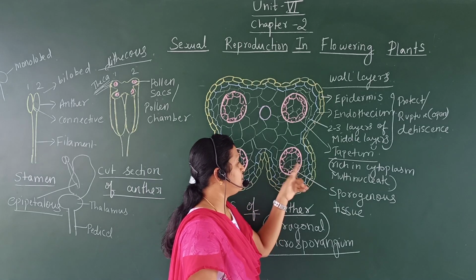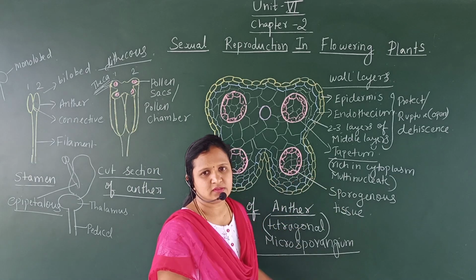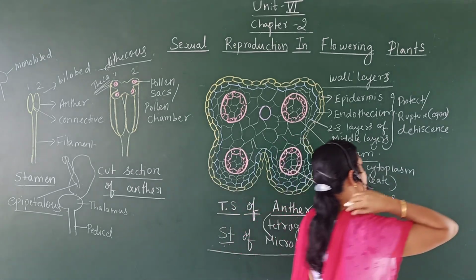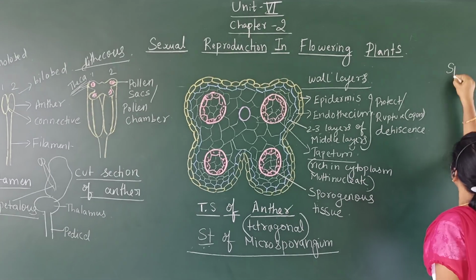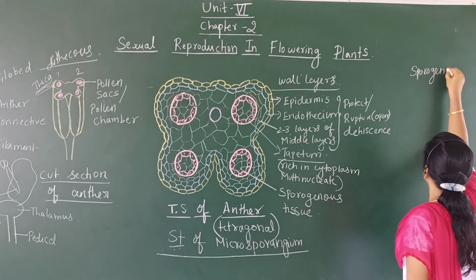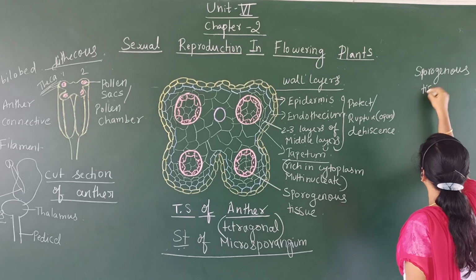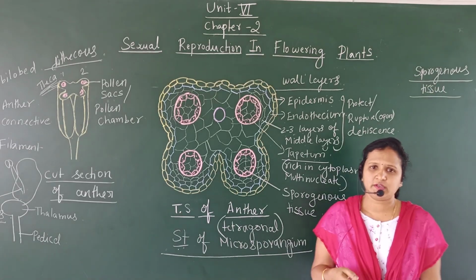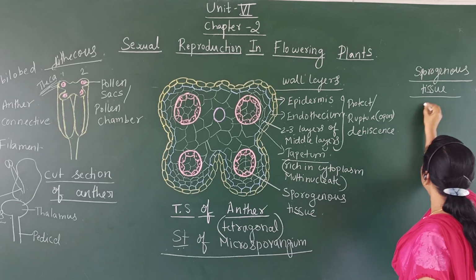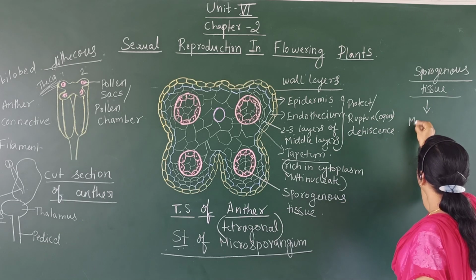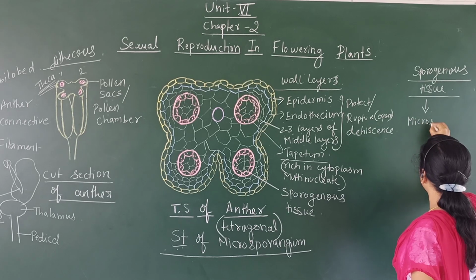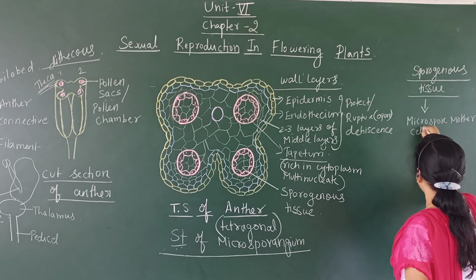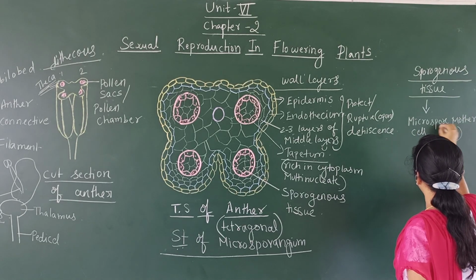After the pollen grains develop, the anther is going to open to release the pollen grains. Here, the sporogenous tissue is going to differentiate into microspore mother cell, also called pollen mother cell.